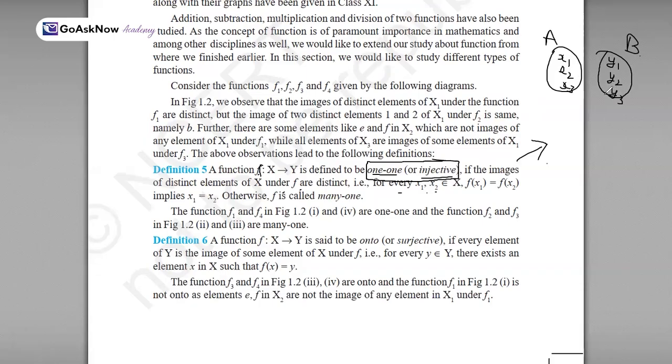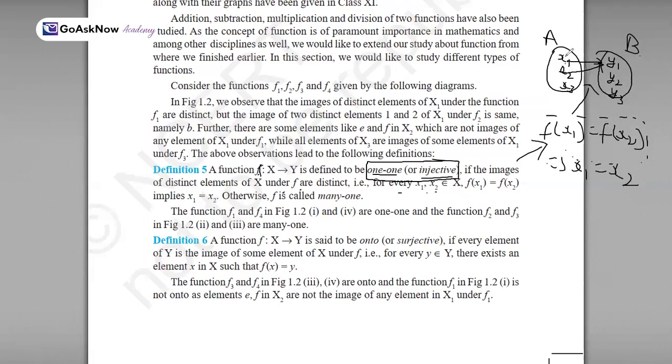The definition given in your book says that if x1 is related to y1, and x2 is also related to y1, so f(x1) = f(x2), which is fulfilled here because f(x1) is y1 and f(x2) is also y1, then it implies that x1 = x2.